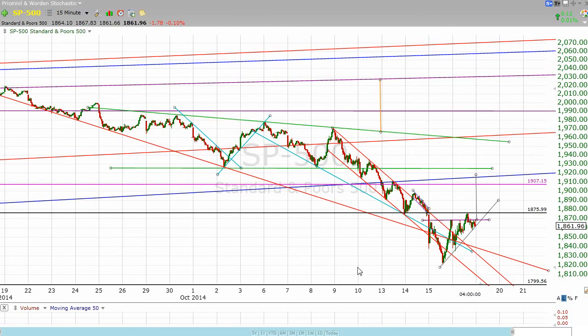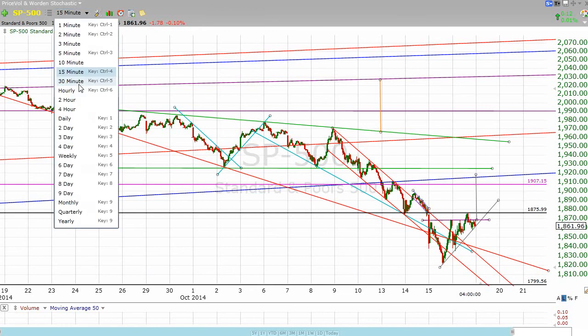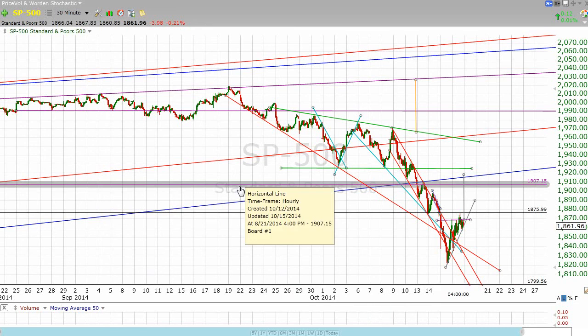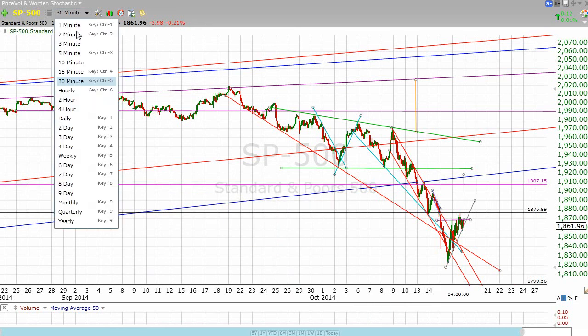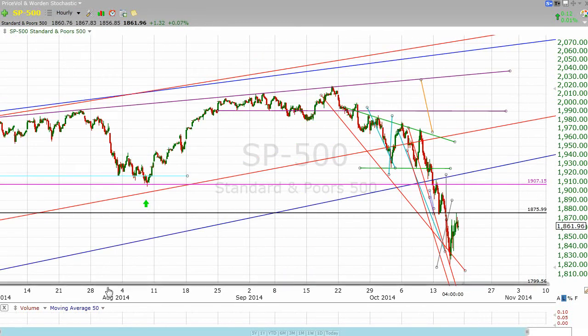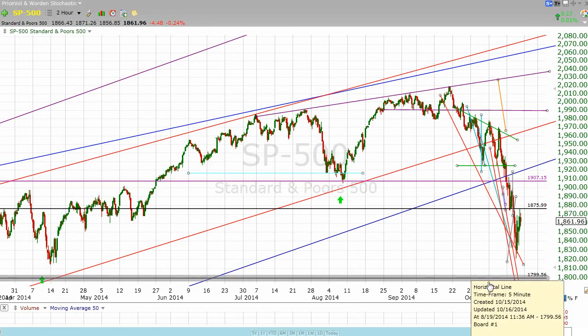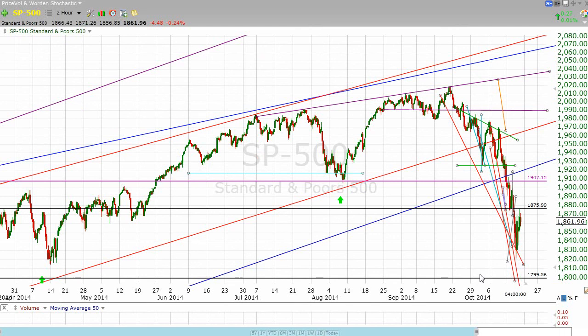So you can kind of see where unfortunately this chart has a couple different interpretations. And I'll remind you too that we still have the potential of this double top pattern, which if we look at it on a 2-hour chart, here's the first top, here's the second top, and if this is the case, we still have potentially a move to right about 1800 as a result of that double top.